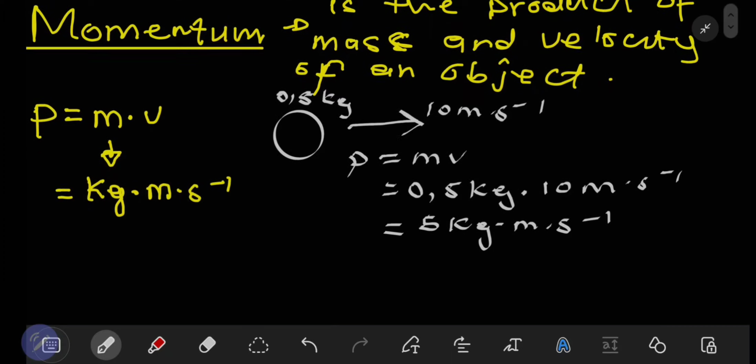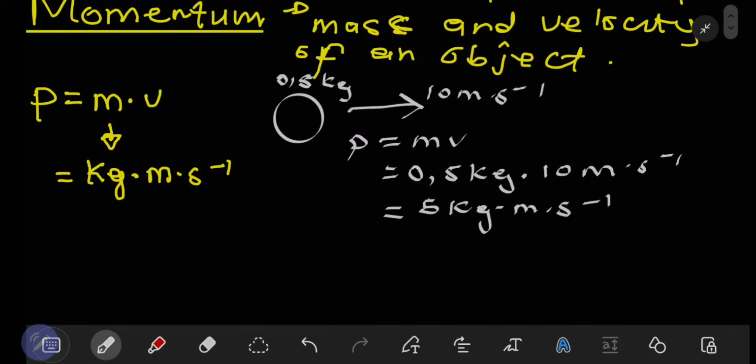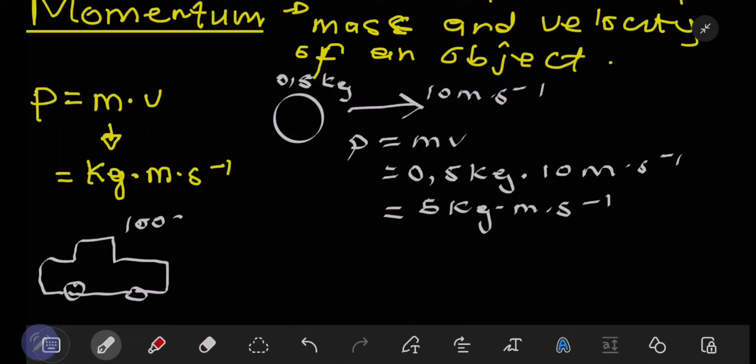So this ball traveling at this velocity has a momentum of 5. Now one thing you should know is that momentum only has an effect on objects that are in motion. Suppose now you are given a car, and this car has a mass of 1000 kg, but this car is stationary and it has a velocity of 0 meters per second.